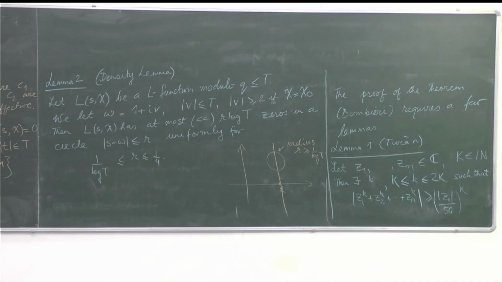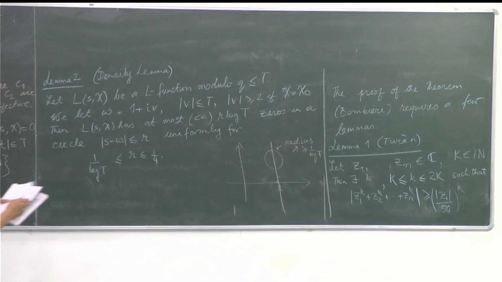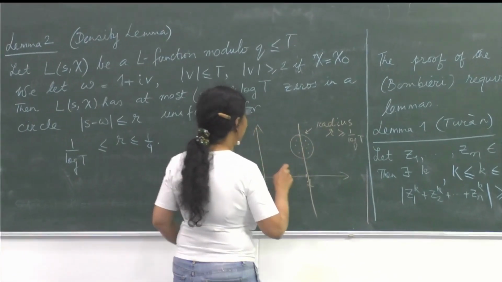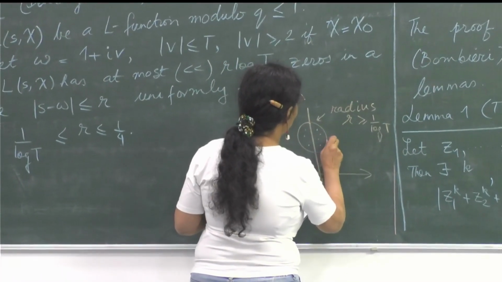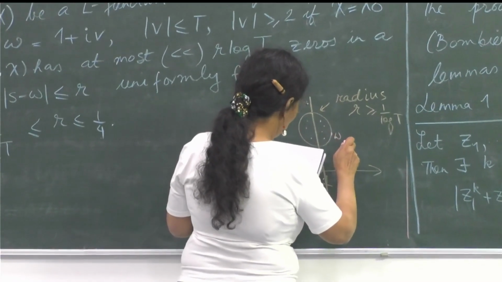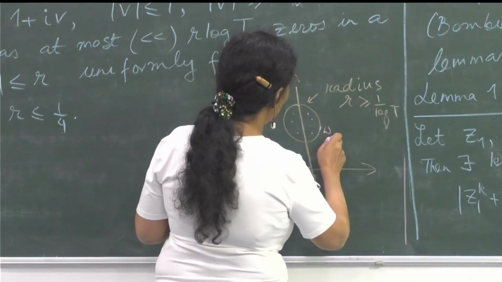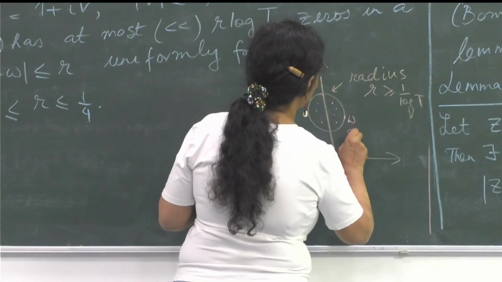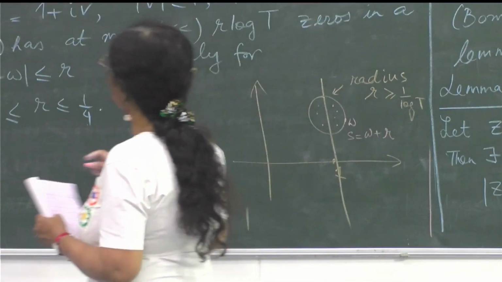So there are some zeros here, and there is a W, so s is equal to W plus R. Okay, that's what this means.